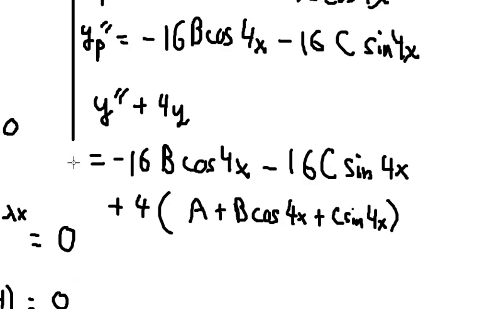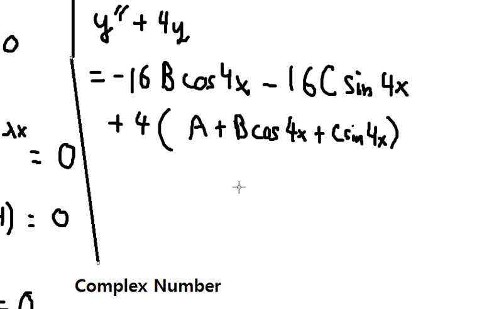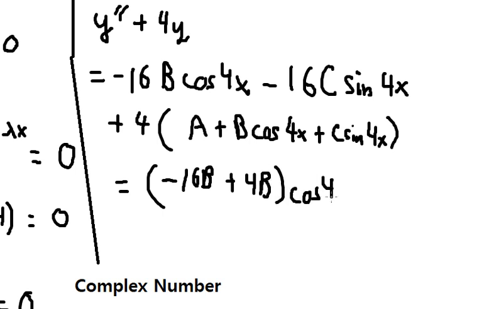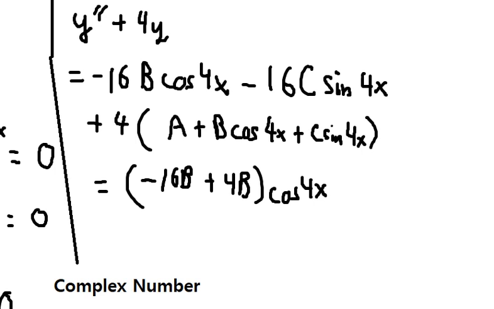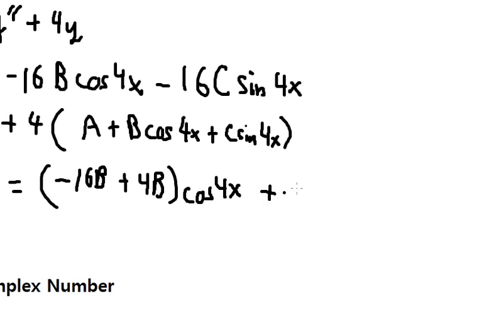So we need to simplify, and we need to arrange based on the terms of cosine 4s and sine 4s. About cosine 4s, we have negative 16b and we have 4b. About sine 4s, we have negative 16c plus 4c.